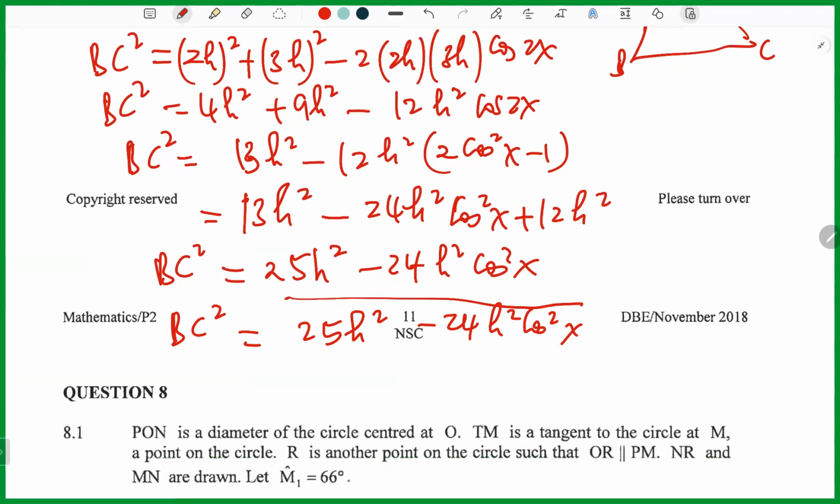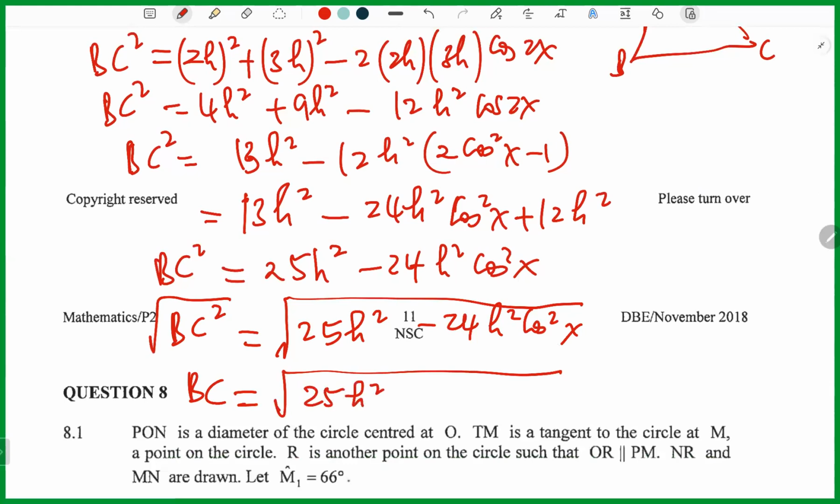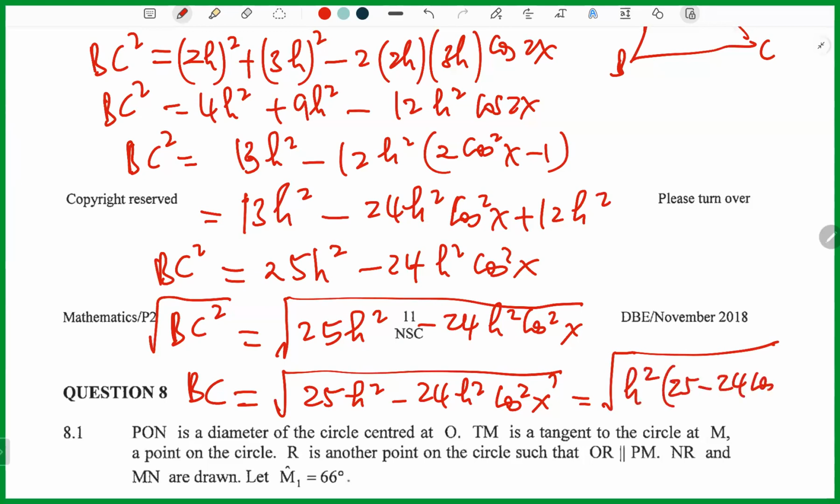Then you put the square root like this, which is the square root of 25h squared minus 24h squared cosine squared x. And then now you pull out h squared, which means 25 minus 24 cosine squared x.